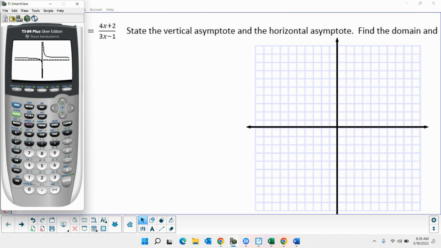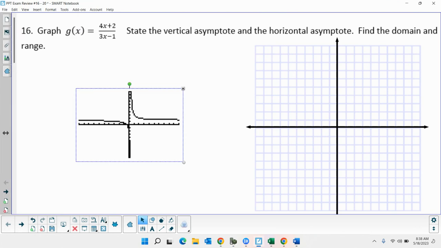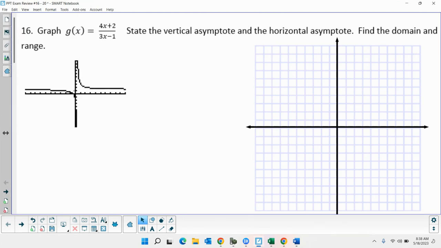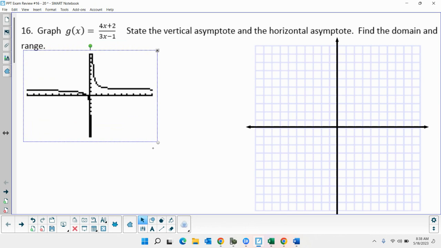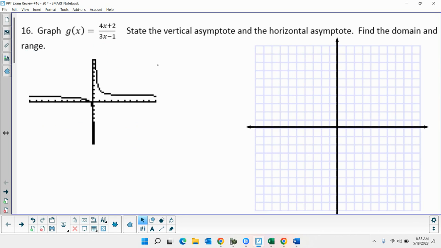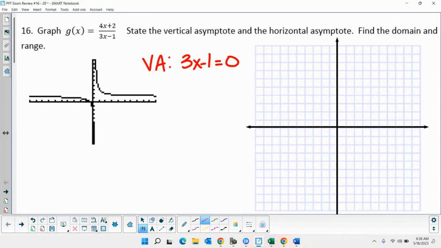So these are called hyperbolas. All right, so what makes the bottom 0? That is the vertical asymptote. Okay, so I got to add 1 and divide by 3.